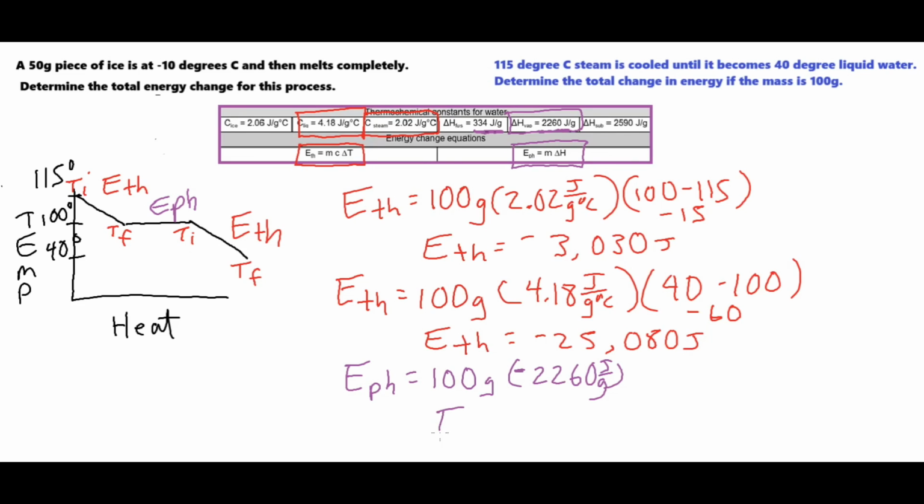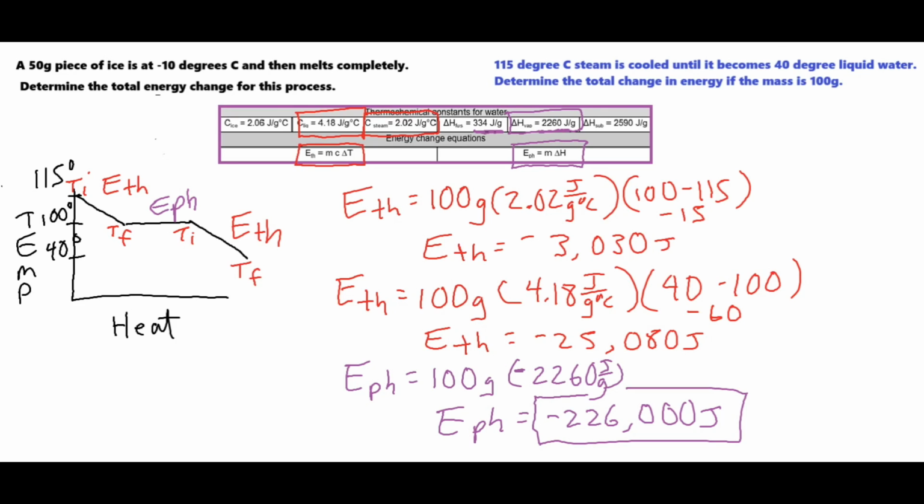So our EPH value for this one is going to be negative 226,000 joules.